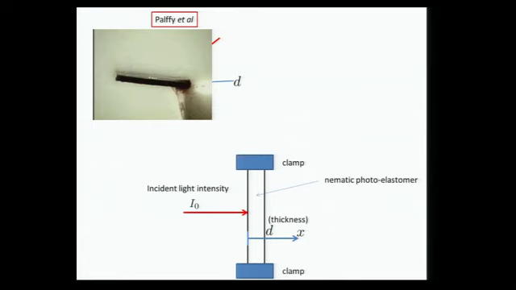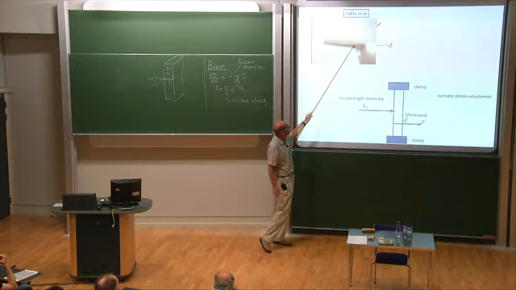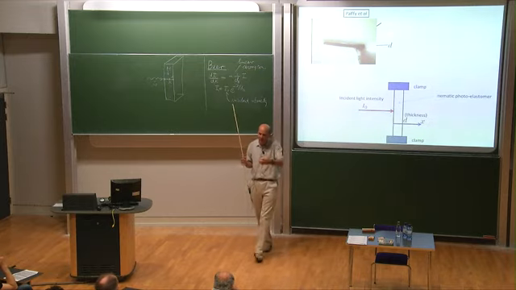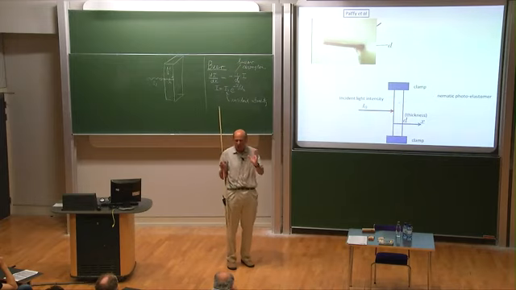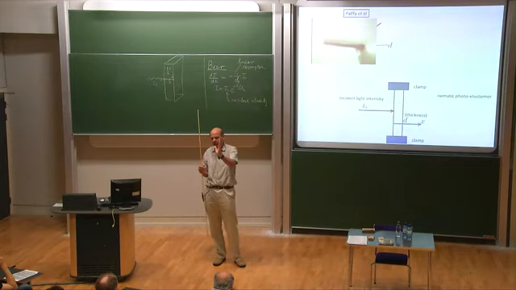Now, there's some debate sometimes whether this is just due to a pulse of heat being delivered preferentially at the front face, and that can be the case sometimes. But if you take a polydomain sample and shine polarized light on it, then you see a contraction in the direction of the plane of polarization of light. And it's quite noticeable.